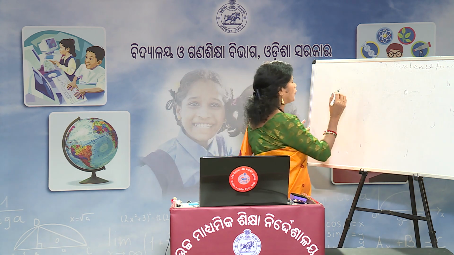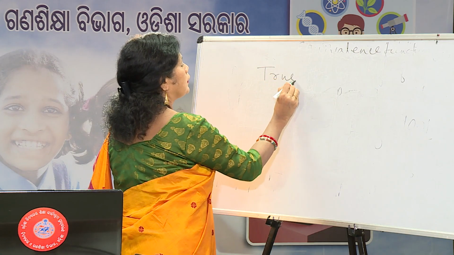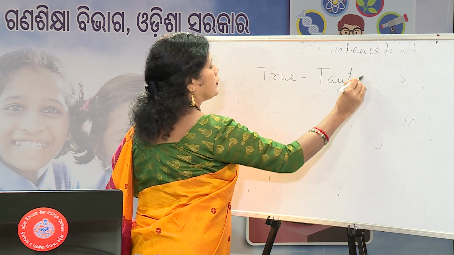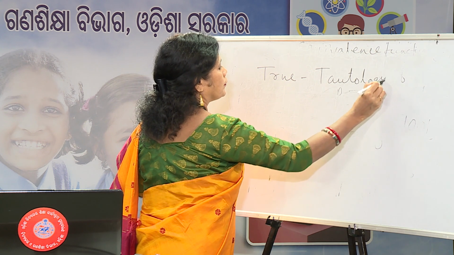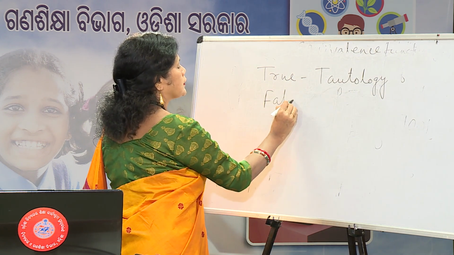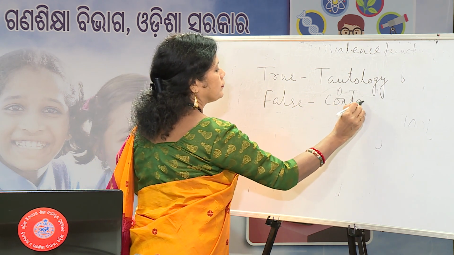When the truth function is always true, this is known as tautology. Remember this. When the truth function is always false, it is known as contradictory.